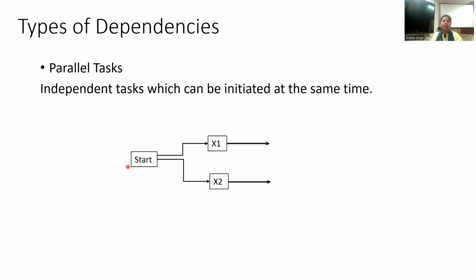They're independent. x1 and x2 both are independent of each other and happening at the same time in the process, right? And then you see further they may be giving information to other subcomponents or other tasks or other subsystems, right?